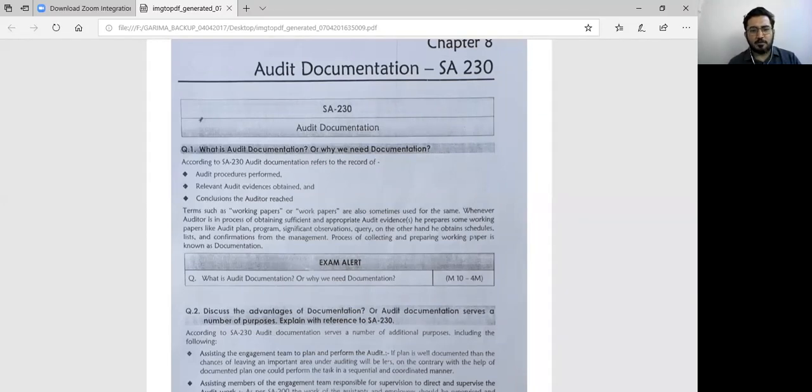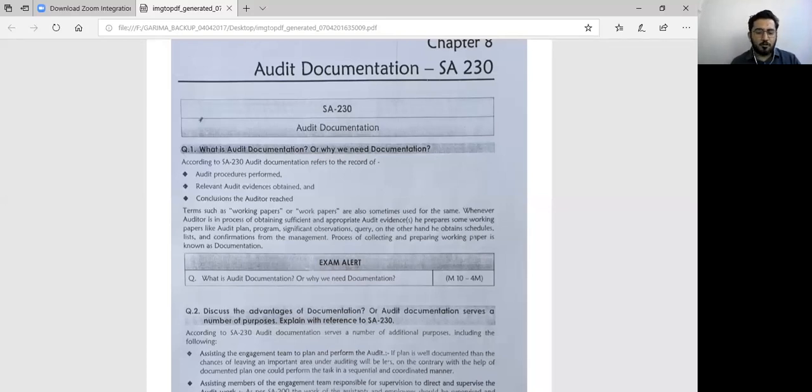Then you have something known as an audit program. You will prepare your audit program. That is a very important audit evidence. After that, you have something known as audit evidence that you will obtain. So you may obtain some document, you may obtain some audit evidence. This audit evidence is also a very important part of your audit documentation.